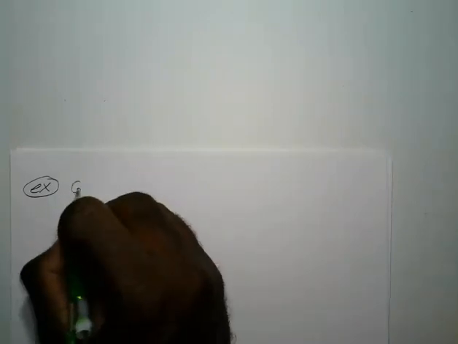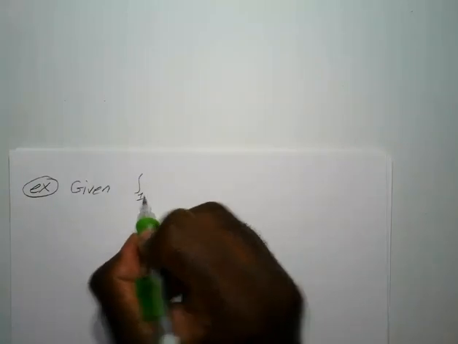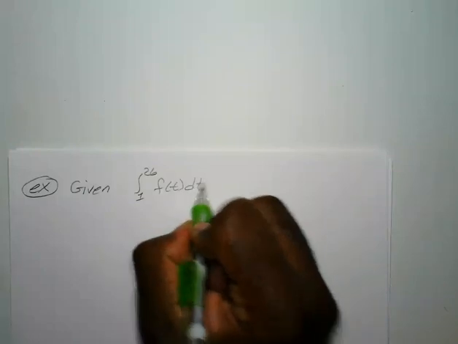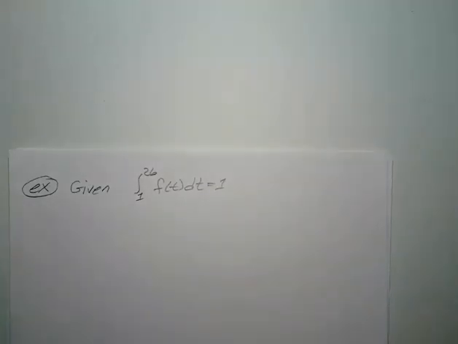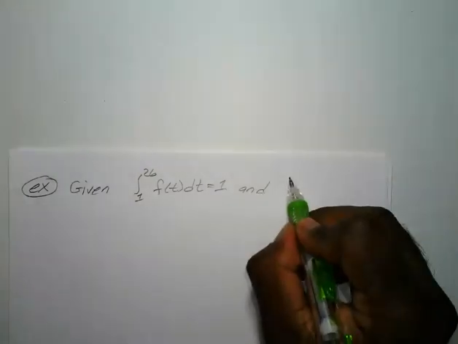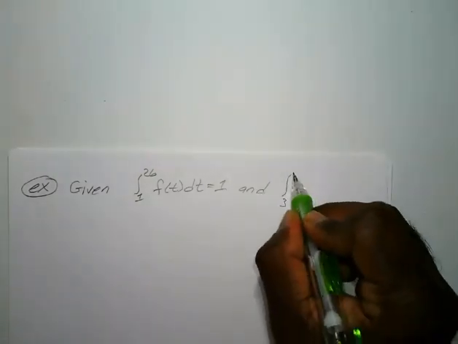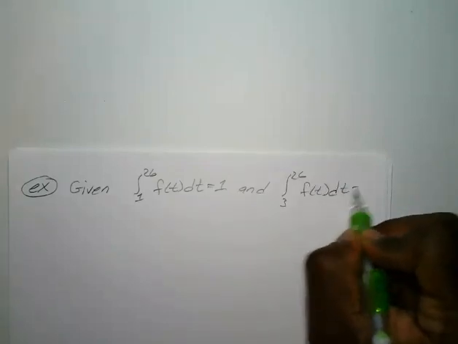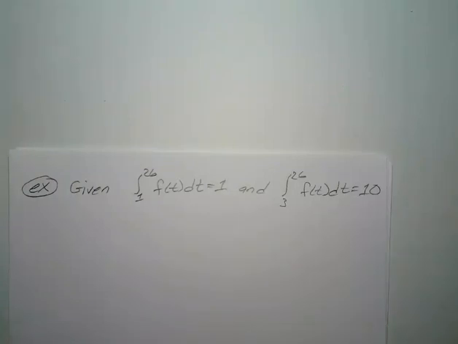Okay, so let's say for this example, we are given that the integral from 1 to 26 of f of t with respect to t is equal to 1, and the integral from 3 to 26 of f of t with respect to t is equal to 10.